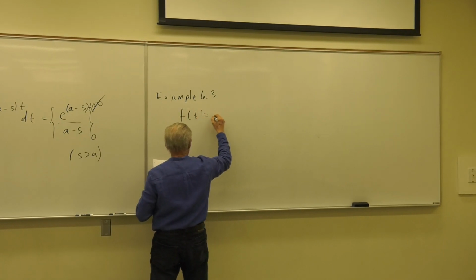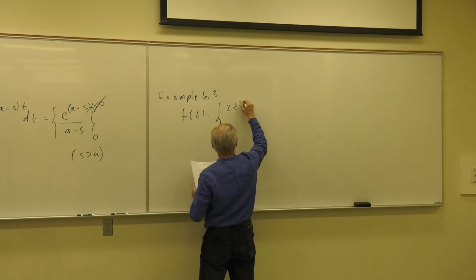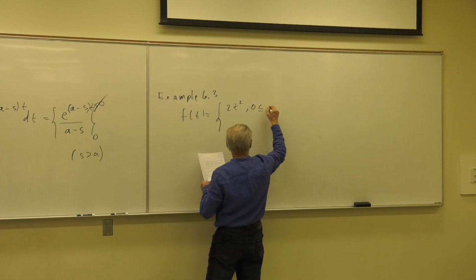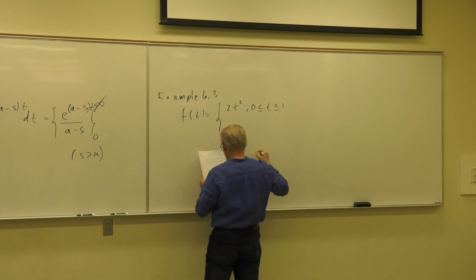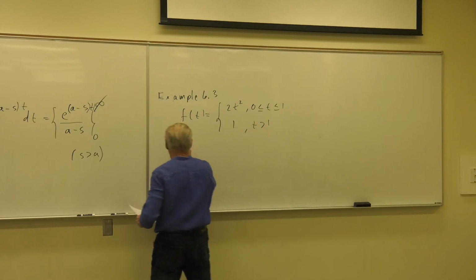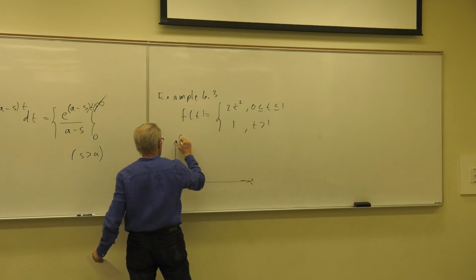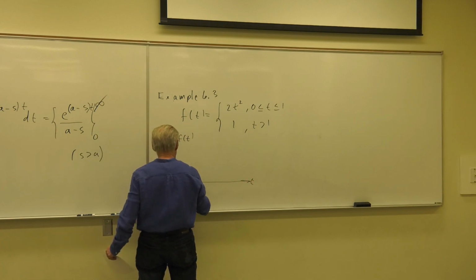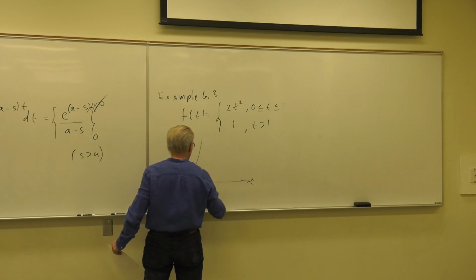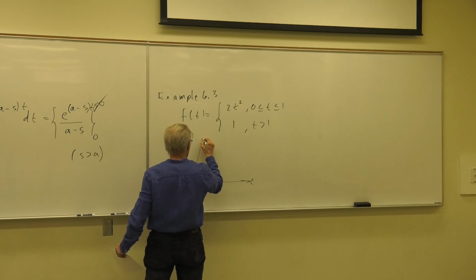f of t is equal to 2t squared from 0 up to 1, and then 1 for t bigger than 1. So if you drew a picture of this function, it's a parabola up to 1, in which case it would be 2 high, and then it is 1 thereafter.